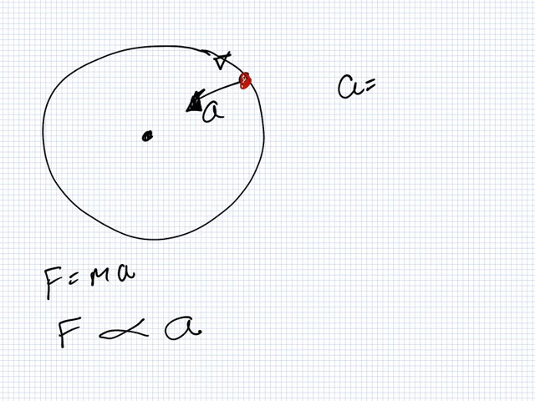So, if you're going fast, do you think that will make the a bigger or smaller? It's bigger, probably bigger, yeah. But we're not sure. Maybe it'll make it smaller, maybe it'll make it bigger. But we feel like the a should care what the v is. But we don't know the power. So we'll put a power here, m.